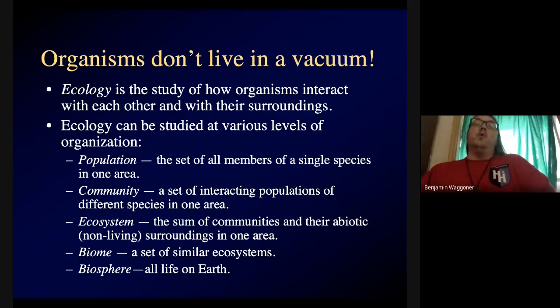Or we could talk about the coral reef biome, which would include coral reefs of everywhere from the Florida Keys to the tropical Pacific to the Red Sea to the Great Barrier Reef of Australia. We could talk about the cool temperate forest biome. That would include everything from the rainforest of Washington State to the taiga forest of Siberia, and so on. And then finally, all life on Earth we can talk about as the biosphere. The set of every last living thing on this planet makes up the biosphere.